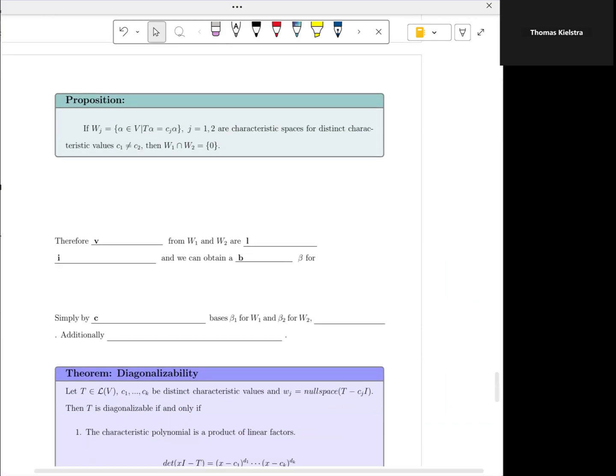What's interesting is if we have two different characteristic spaces for different characteristic values, then the intersection of these sets is zero, meaning we have mutually exclusive subspaces. Okay.